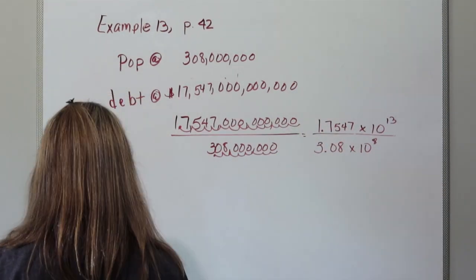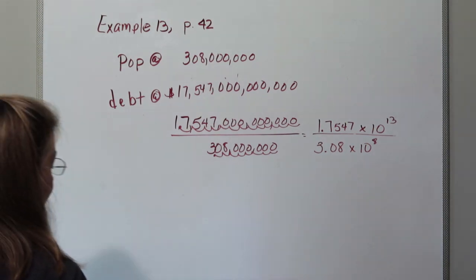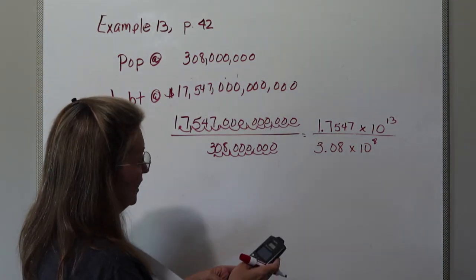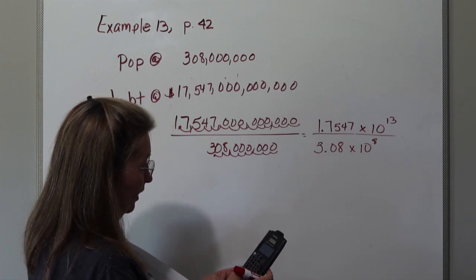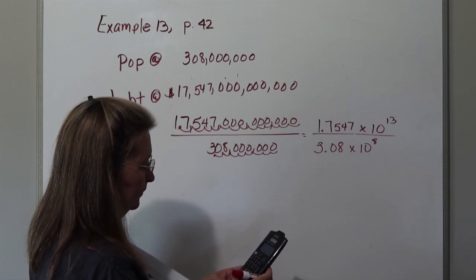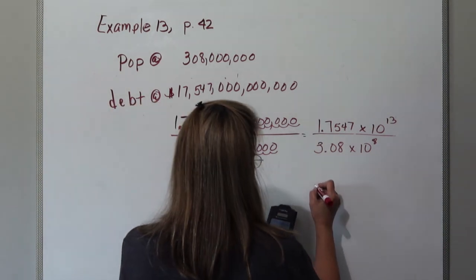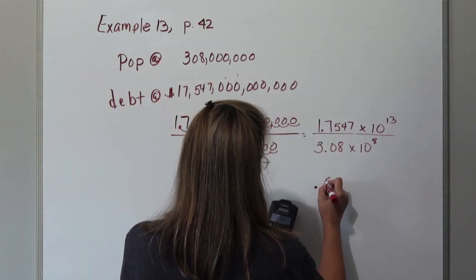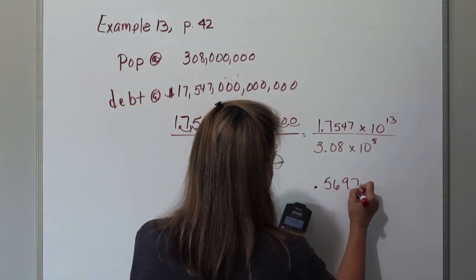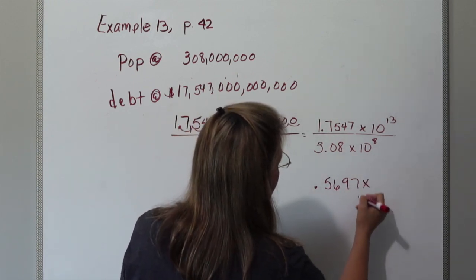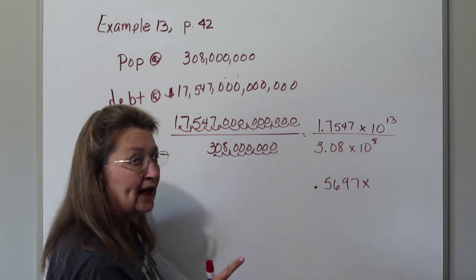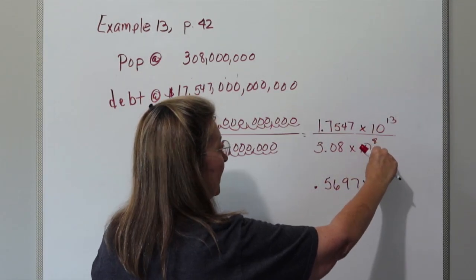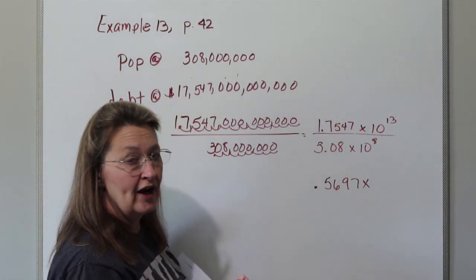So if I do 1.7547 divided by 3.08, I get 0.5697, and we'll round it off there, times... all right, what do you do here? Subtract exponents, because you have matching bases in a quotient or fraction form.